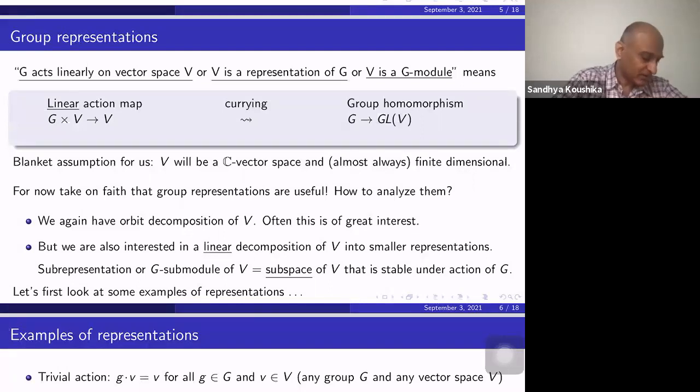Yeah, so this kind of game can be played in a large number of situations, but for us, the group for now is going to be finite. Later on, it will not be. However, the vector space will always be a complex vector space. The reason is linear algebra over complex numbers is nice because I can always find eigenvalues. All polynomials have roots.